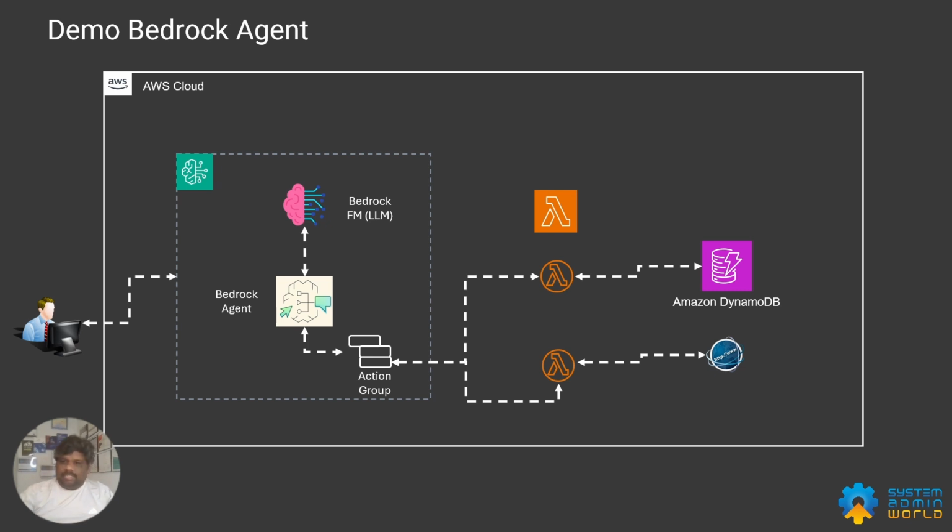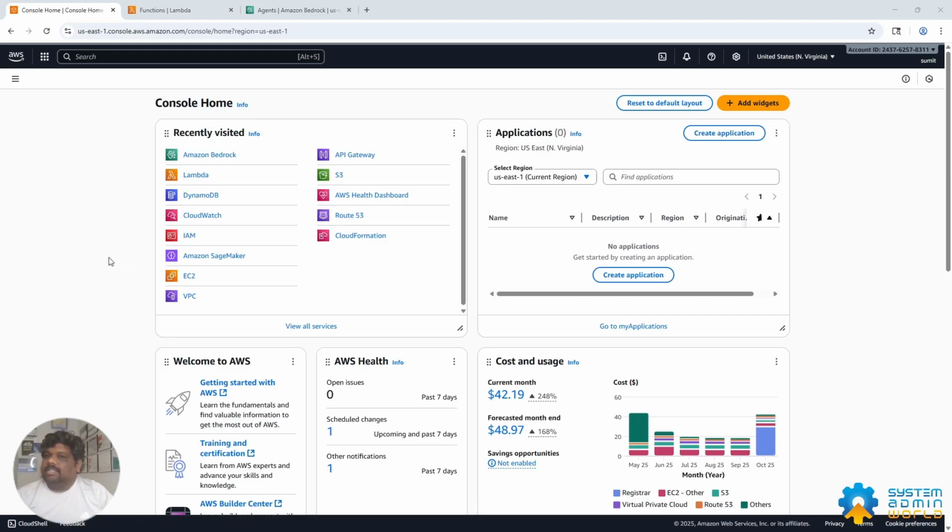Okay, let's jump into the demo very quickly and log into the AWS console. For this demo, we are going to set up AWS DynamoDB, where all the data will be stored based on the query result.